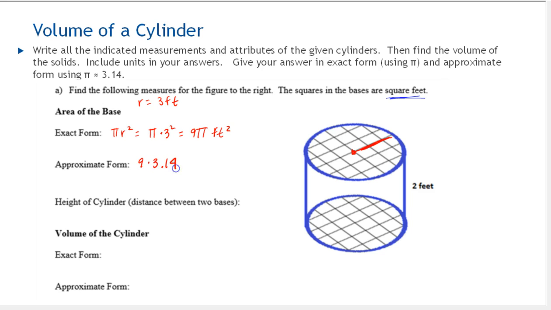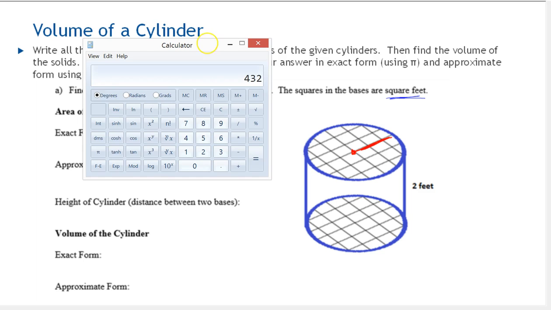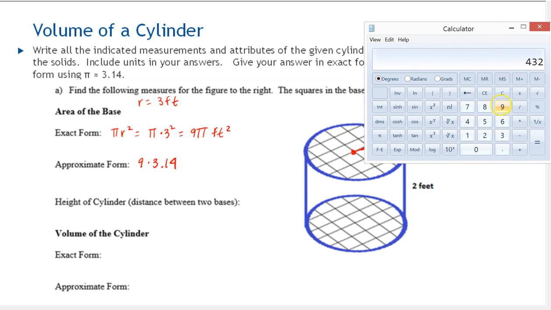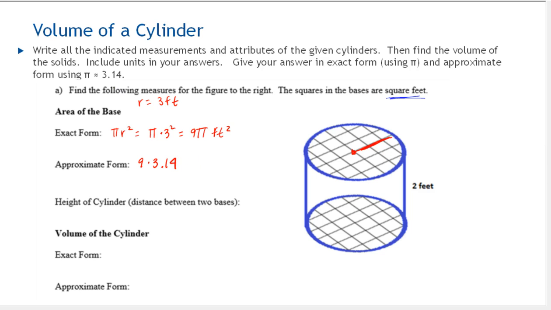So 9 times 3.14 is 28.26, and that would also be a measurement of square feet.